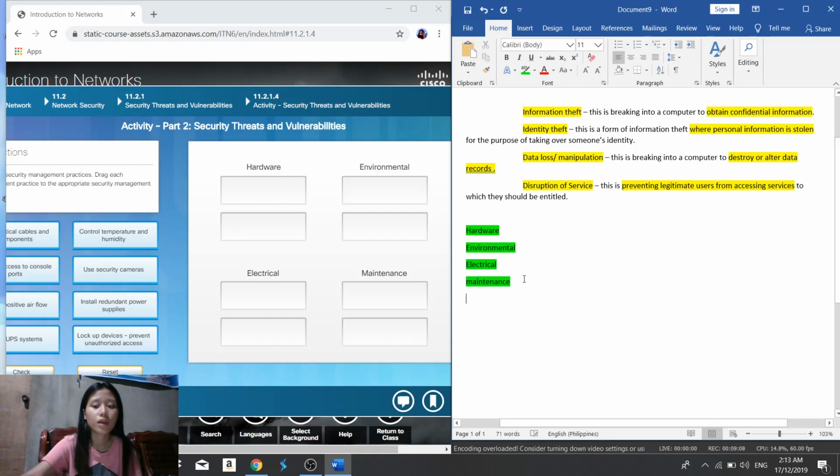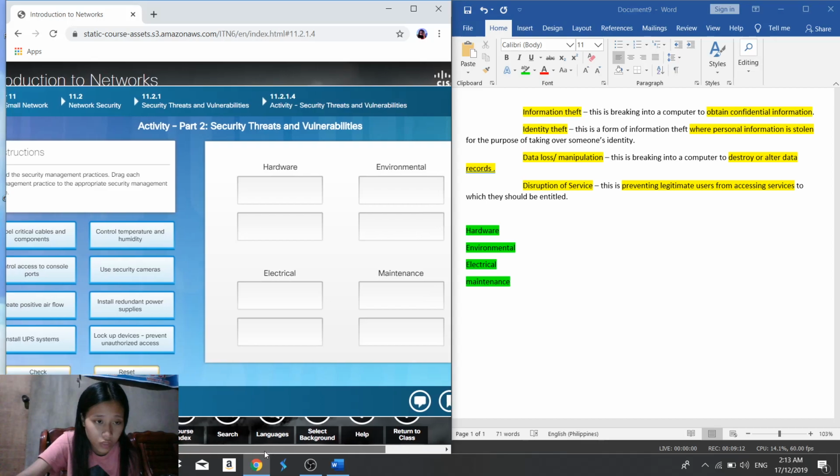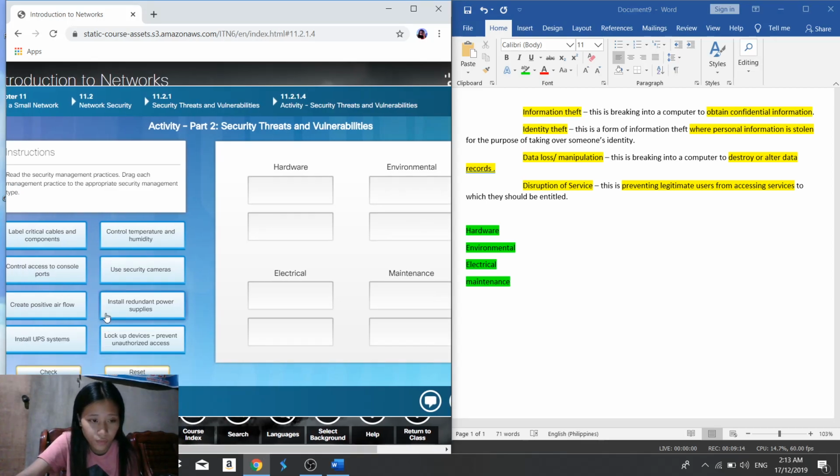Now I'm going to put the right answers in this one. Preventing unauthorized access goes to hardware.